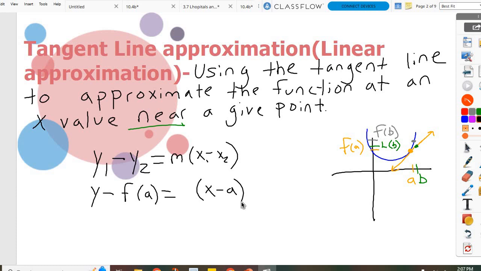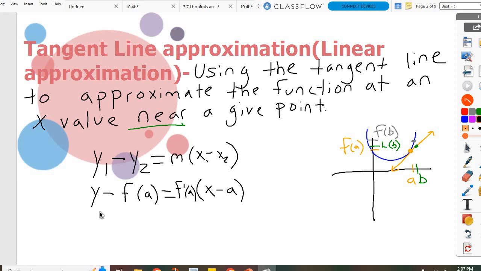So then what is our slope? The derivative, specifically the derivative. How would I denote that? F prime of a. So our slope is going to be the derivative at a.